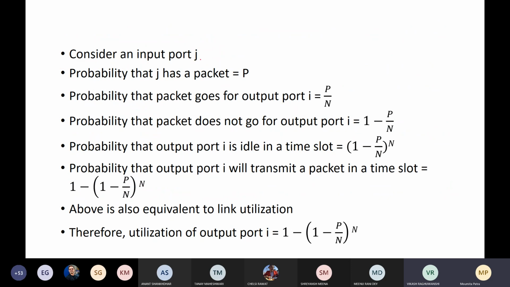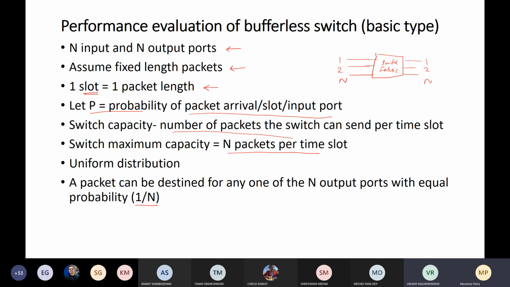So let us assume that we have an input port J. What was the probability that we found out? P is the probability of packet arrival per slot per input port.